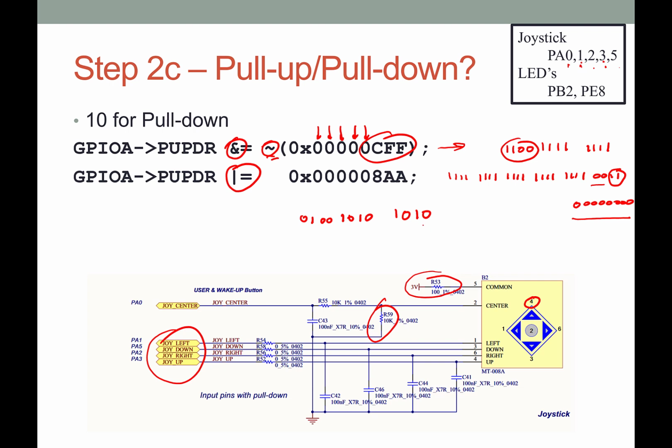So you can see what we're doing is we're setting the pins that we need to set to do the 10 or pull-down. So there's pull-down for A0, pull-down for A1, pull-down for A2, pull-down for A3, not messing with A4, pull-down for A5. So we've set all the ports that we need to for pull-down for our setup here.